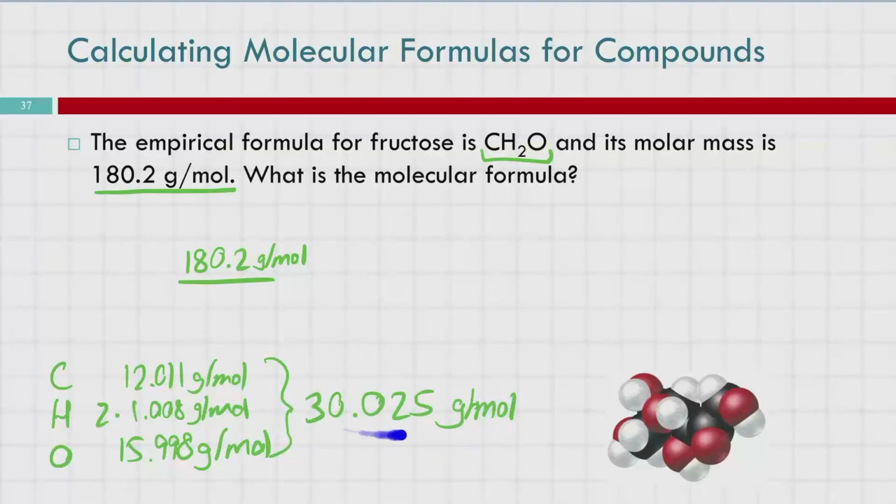So this is our molar mass for the empirical formula, our simplified formula, 30.025 grams per mole, and this is going to get us a number. That number is going to be close enough to round to 6. Down to 6.